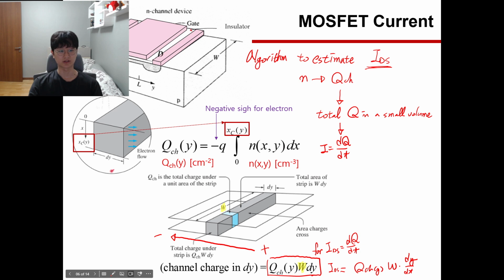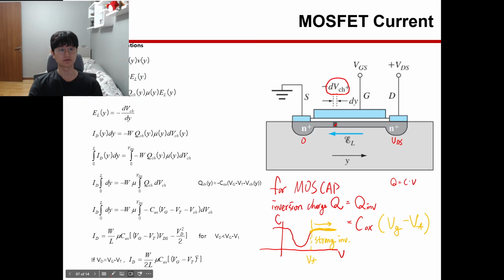This part calculates the MOSFET current using an equation. This is the MOSFET current equation.